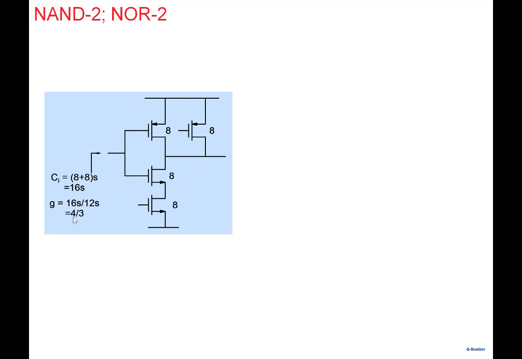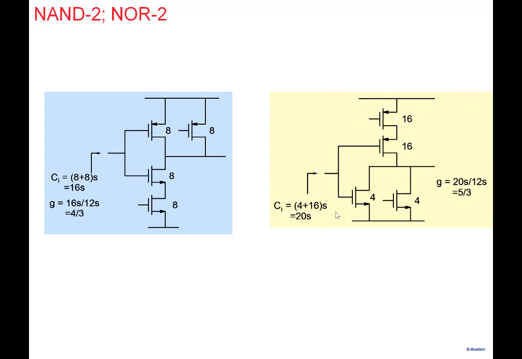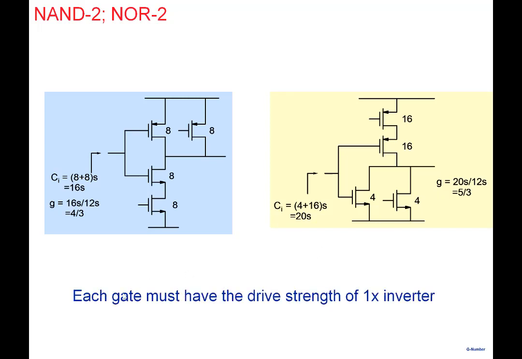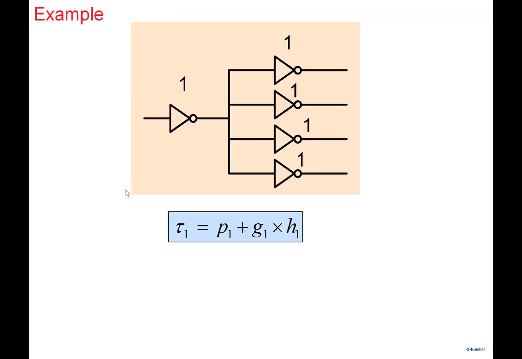So the G for this particular one is 4 by 3. The same thing can then be used to calculate the G factor for the NOR gate. Just keep in mind that each gate must be sized to have the drive strength of a 1x inverter, then look at the input and normalize it by the capacitance of a 1x gate. That's how you end up calculating G.